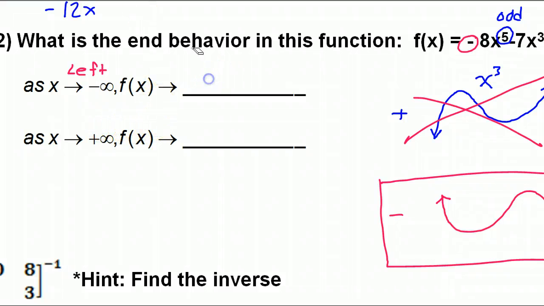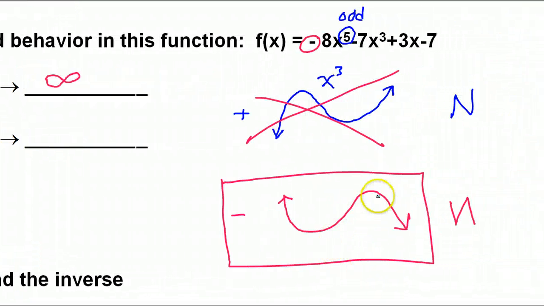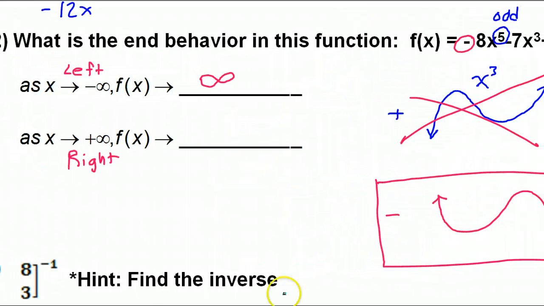This positive infinity, this is the right hand side, and as we said before, as we go to the right, it falls. So as x approaches positive infinity, the function approaches negative infinity. It falls.